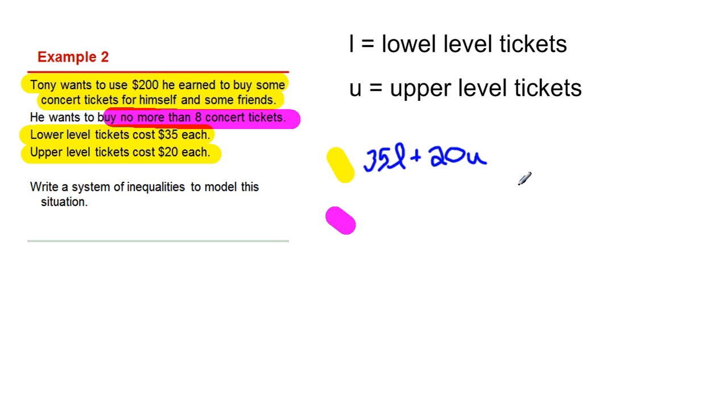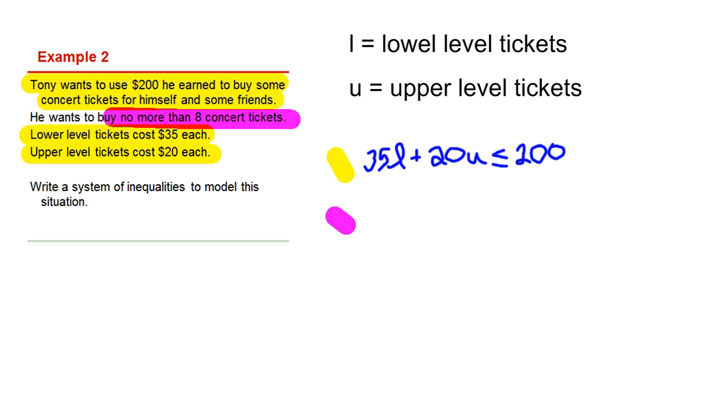Now, you cannot go more than $200, but you could spend every cent of it. So we're looking at a less than or equal to 200, because that's how much money you have. You can't go more than that, but you could spend every cent of it if you have to.